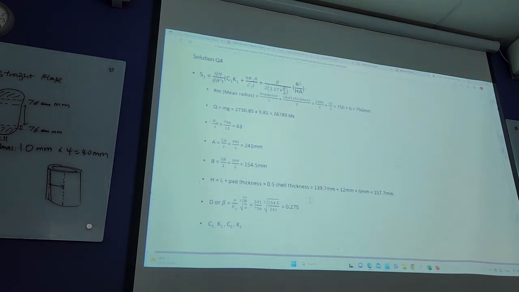So BA is 154.5, right? 154.5 over 241. Then RT will be 63 over 12, right? So can I find out the value here?